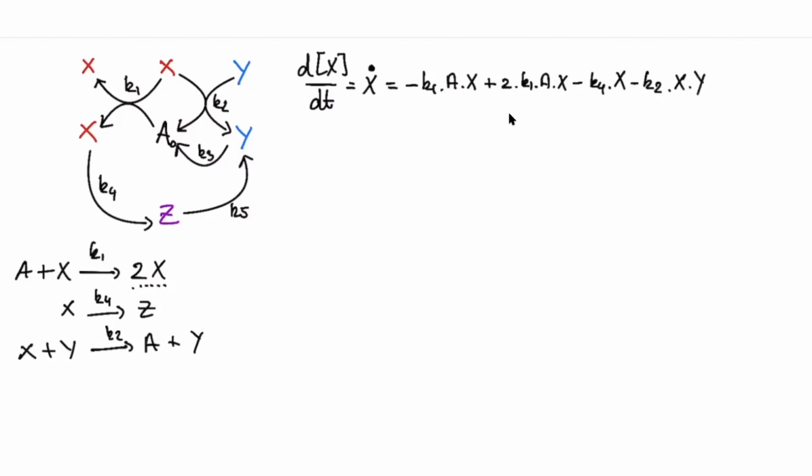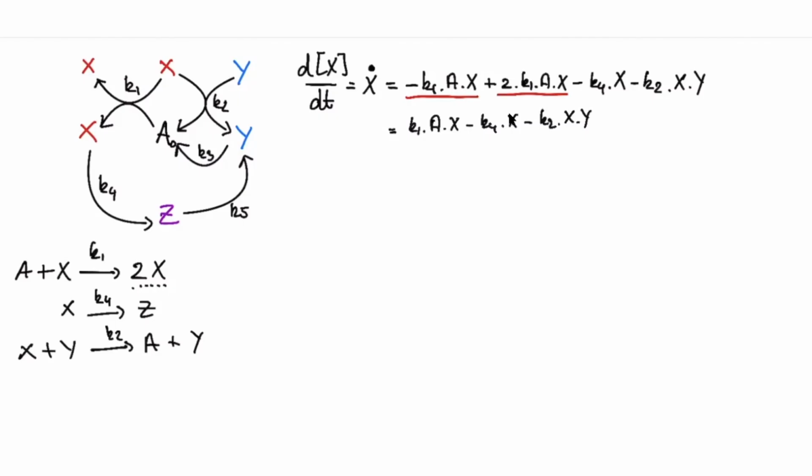Here we have 2k1 ax, and here we have minus k1 ax, so that drops out. So this is just k1 times a times x minus k4 times x minus k2 times x times y.